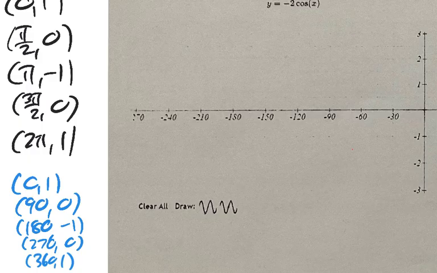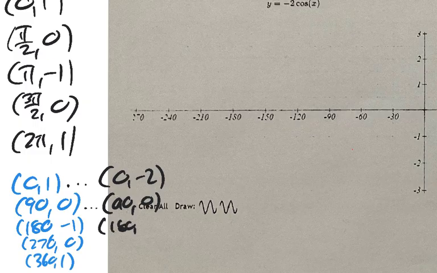This is not my default cosine wave, though. What's different about this cosine wave? It's got a negative 2 in front of it, which means the amplitude is 2, and it's been reflected. So I can multiply the y's by negative 2, which means my coordinates should be 0, negative 2, 90, 0, 180, 2, 270, 0, 360, negative 2.